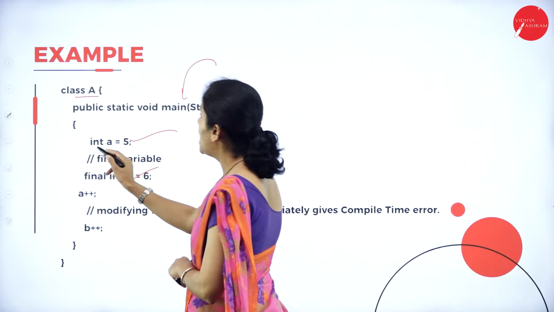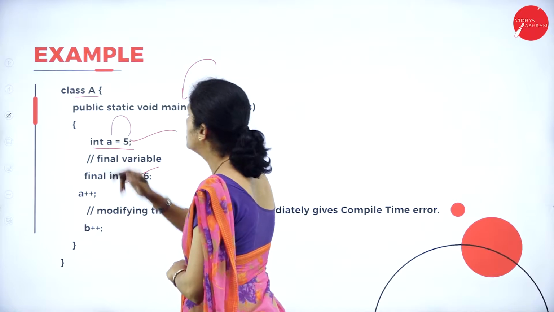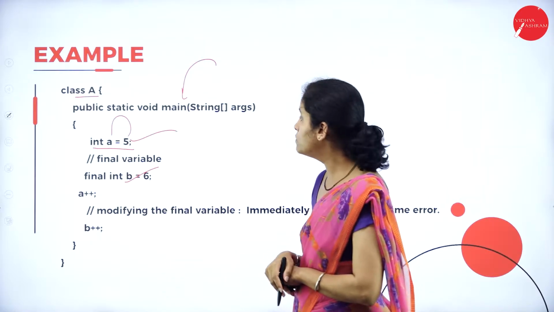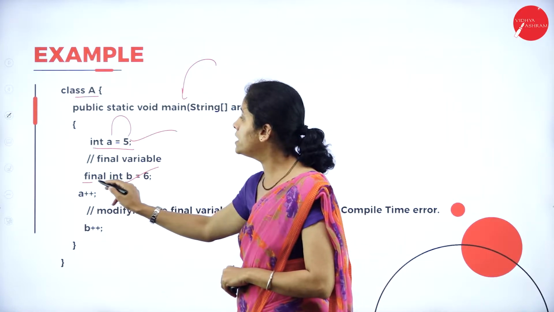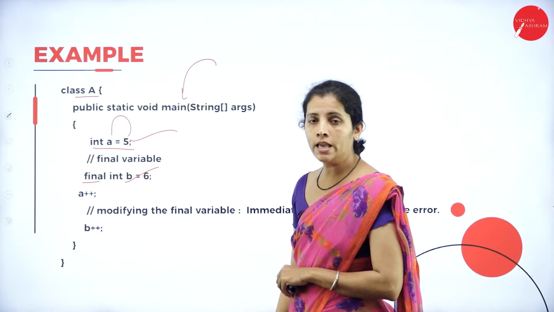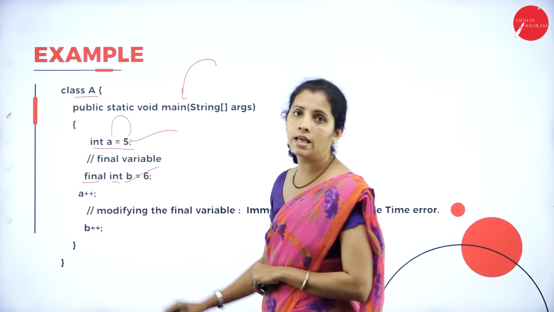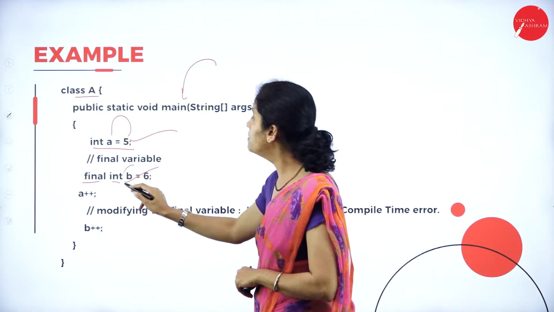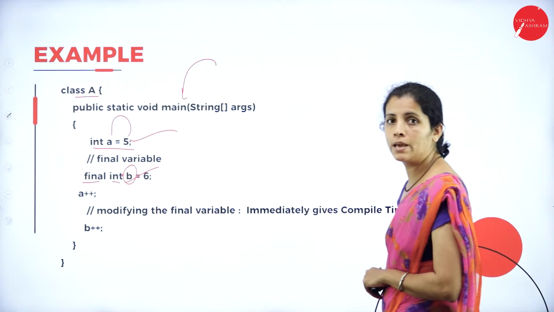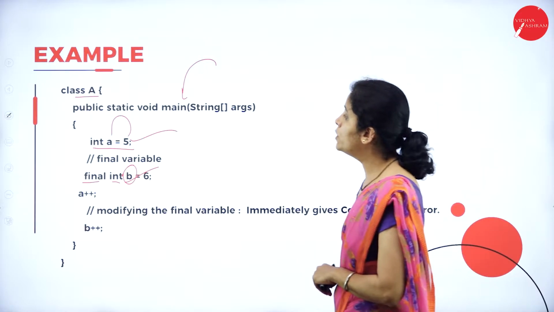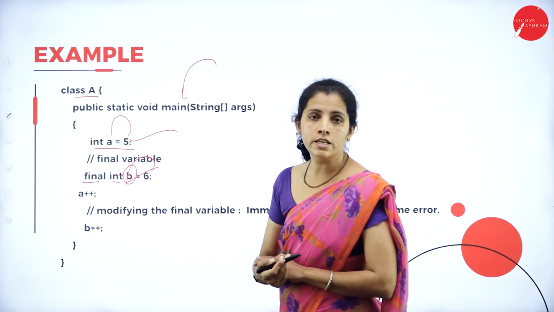I'm going to assign 5 to A. Now I'm going to create a final variable, so I use the keyword final along with the data type, B is my variable name, and I assign 6 to B.